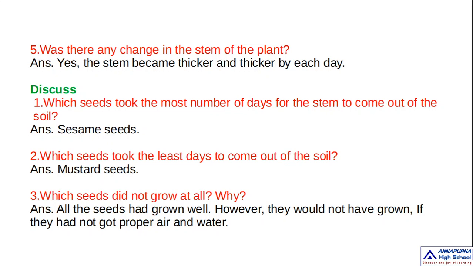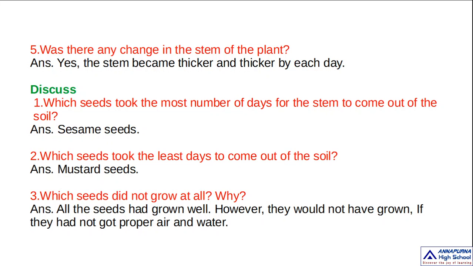Now second one, which seeds took the least days to come out of the soil? Mustard seeds, that means they germinate early. Now third one, which seeds did not grow at all? All the seeds had grown well.